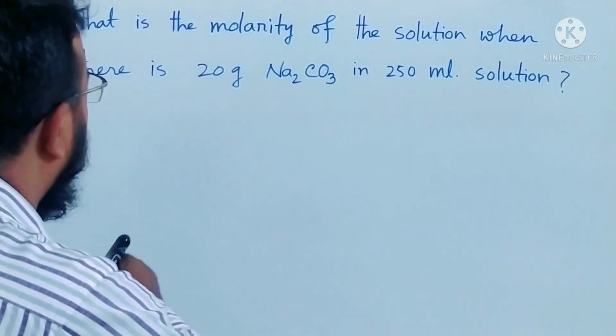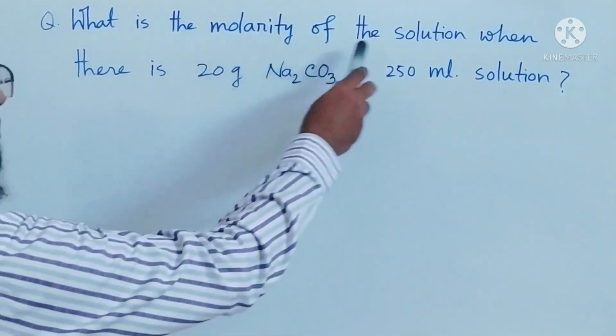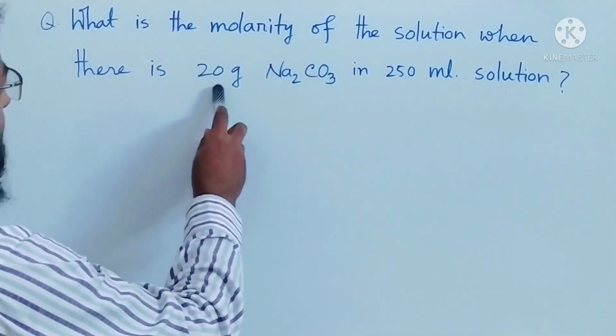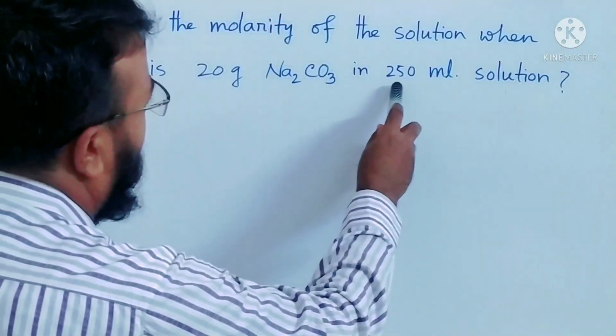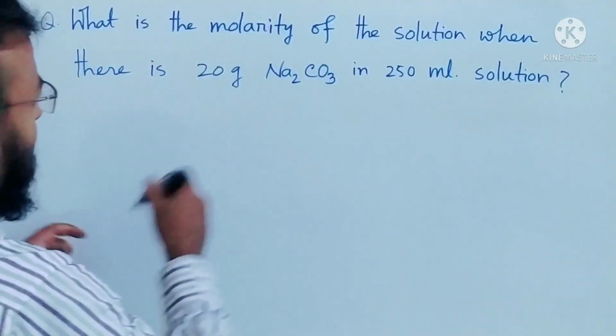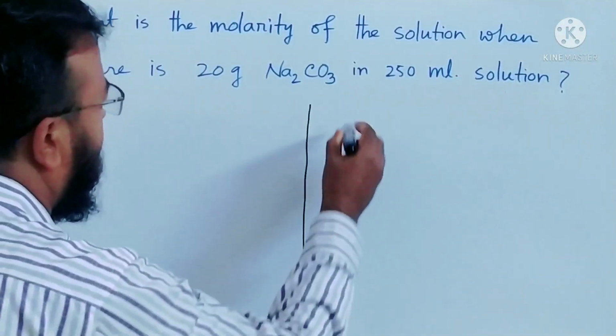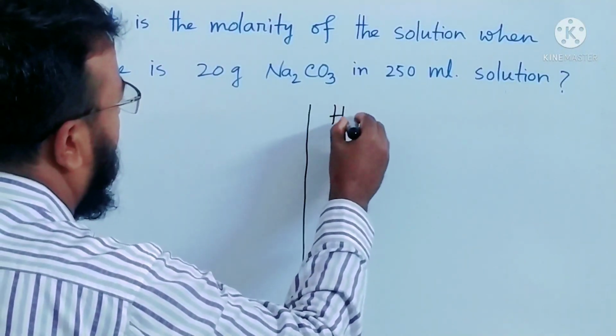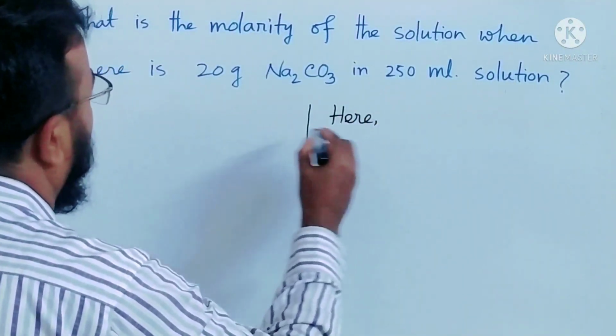Okay, now how to find out the molarity of a solution? Everybody see that I have written a question. What is the molarity of the solution when there is 20 gram sodium carbonate in 250 milliliter solution? So first of all, here we have to write what is there.